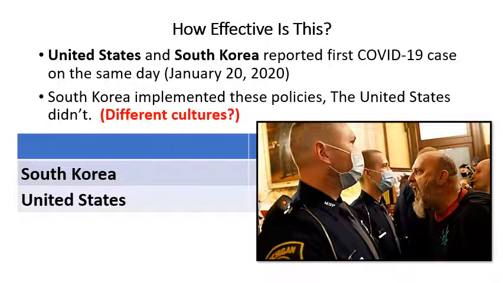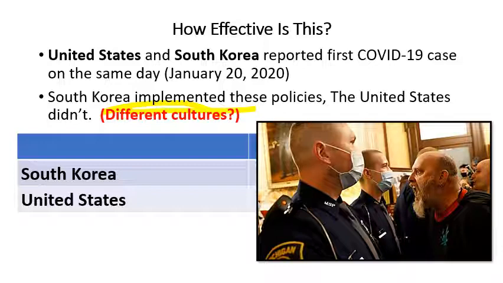Okay, is it possible that it's a difference in culture? If you make laws saying you have to stay inside, you have to wear a mask, you have to close down these businesses, the South Koreans tend to do what the government tells them to do because they trust their government, whereas in the United States, people actively distrust their government. It's almost an anarchist sentiment, almost a nihilist sentiment.